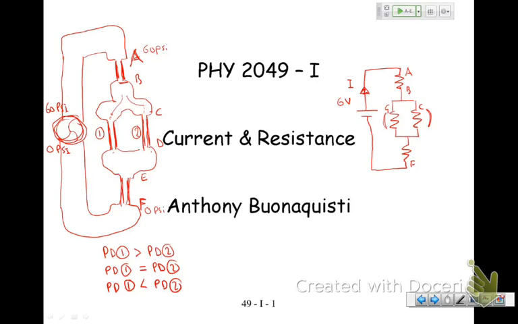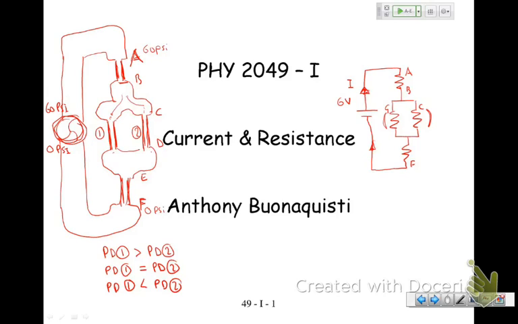So any current going down this wire has to go through the first resistor. Any current going through that system has to go through the last resistor, the resistor at the bottom. Any current going through that wire has to return to the battery.